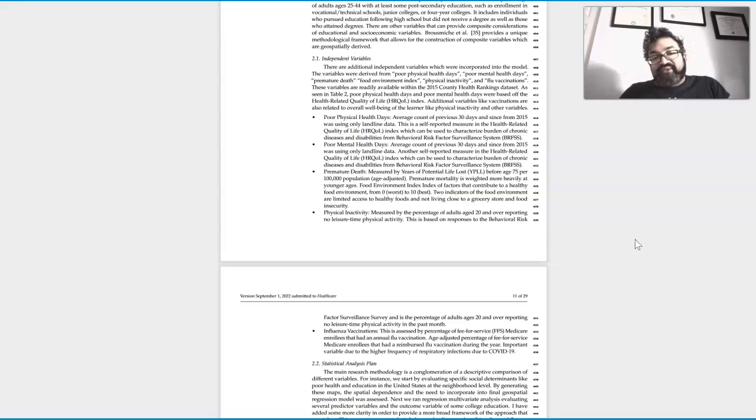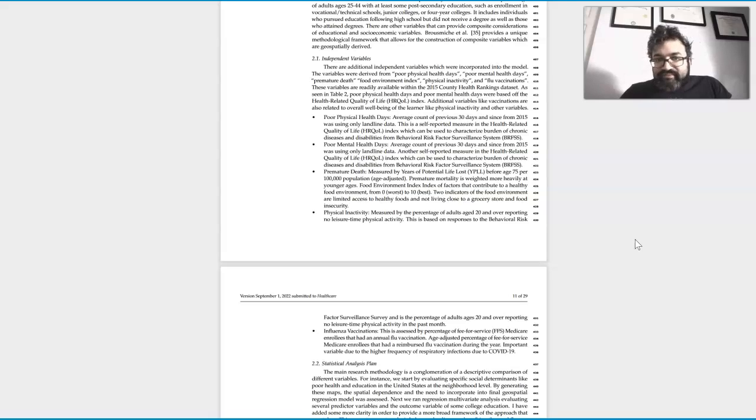And by the way, this is college level education attainment. So individuals that had at least some college was the study population.